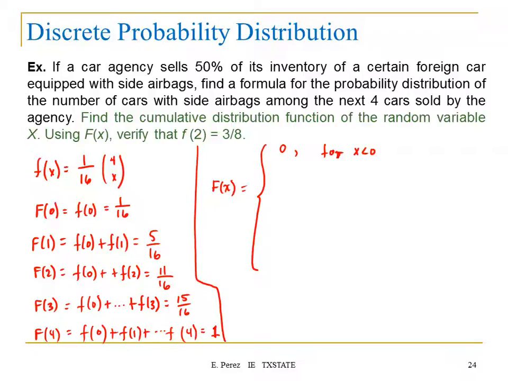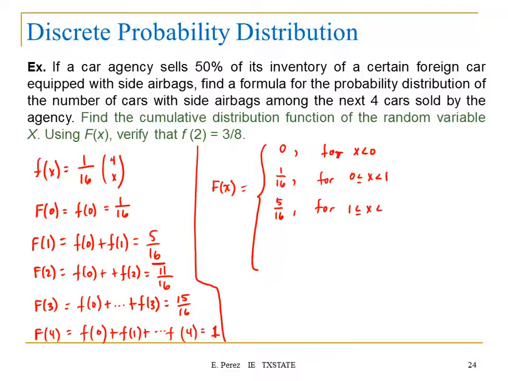Now, when x is 0 it will be 1 over 16, or when 0 is included and x is less than 1. Now, when you include 1, that is this case, then you're going to have 5 over 16 for 1.